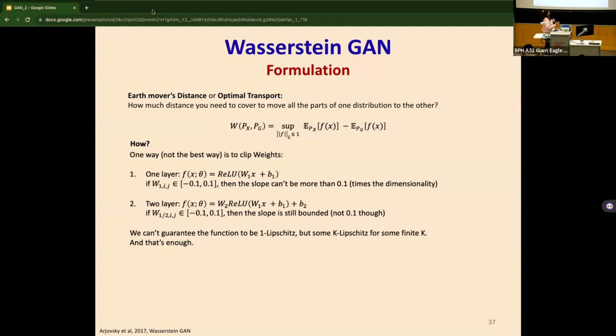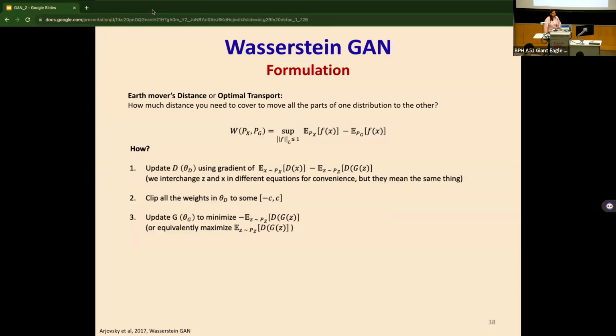So because of the dimensionality of x or otherwise, we cannot guarantee that the function will be one-Lipschitz, as the formula says. But it will be bounded to some finite k, and that is what we want. We want a finite speed limit. So this is how it's being carried out over here.